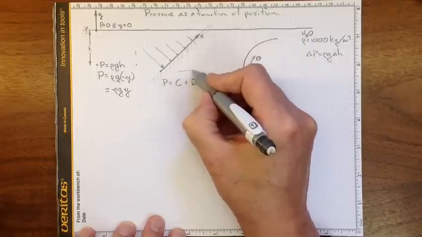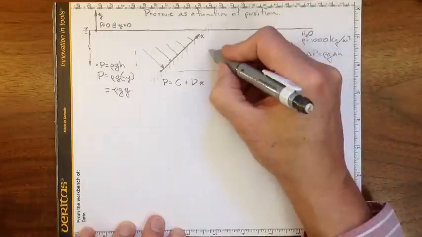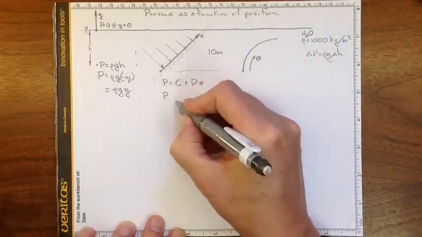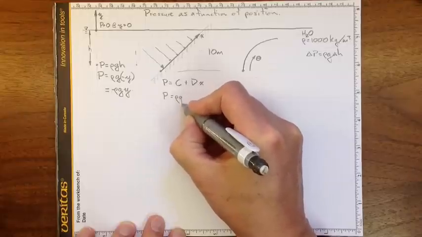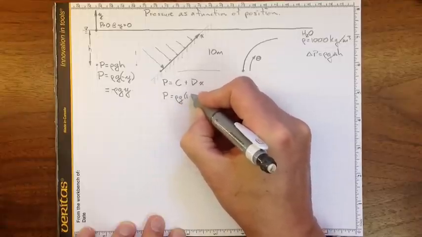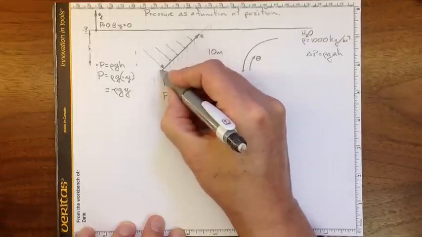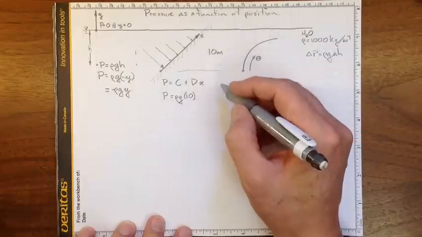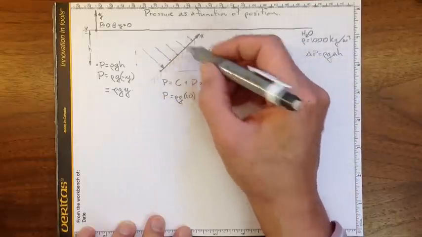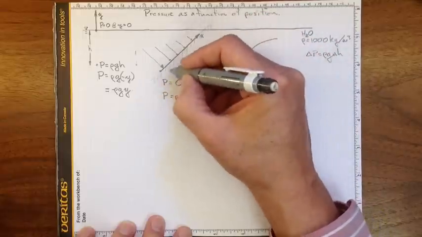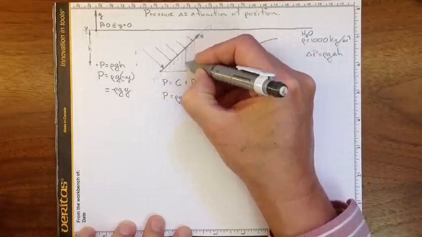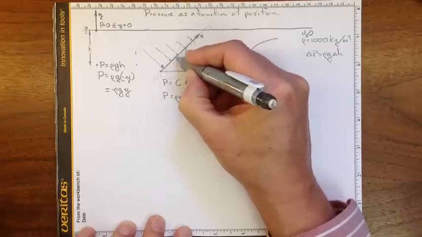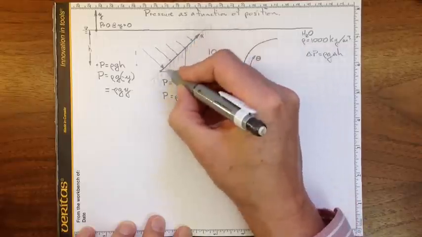So if we're this distance under the water, let's call that 10 meters, then the pressure will be rho g times 10 meters. That's the pressure here. And it will decrease as we move along in increasing x as we increase our height here. So we're interested in what is this height here, this rise, in terms of the progression in x.